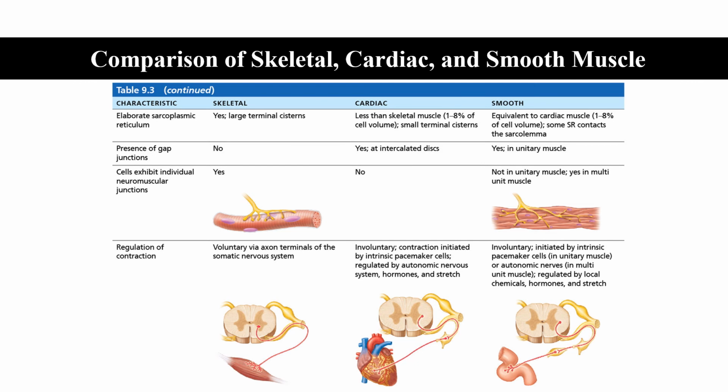And when we look at the regulation of contraction, you do need to be aware of all 3 of these. So we have voluntary contraction for our skeletal muscle, but both the smooth muscle and the cardiac muscle are going to be involuntary and regulated by the autonomic nervous system.